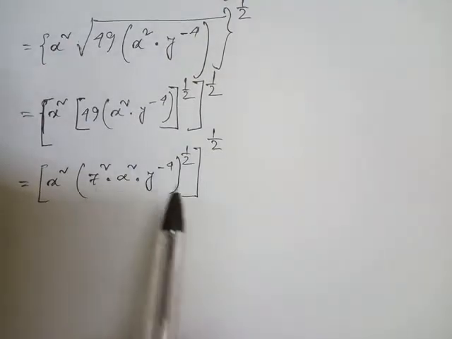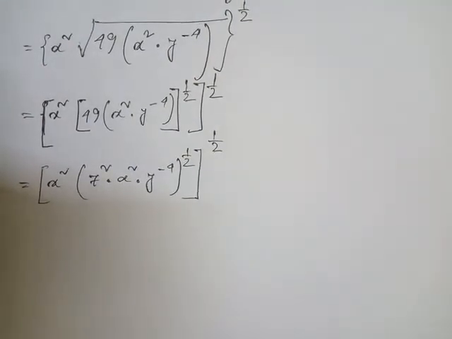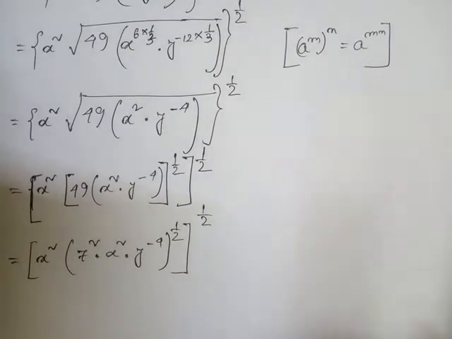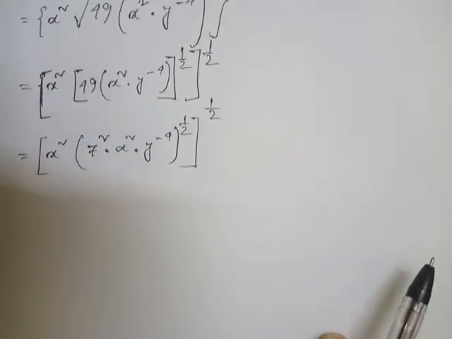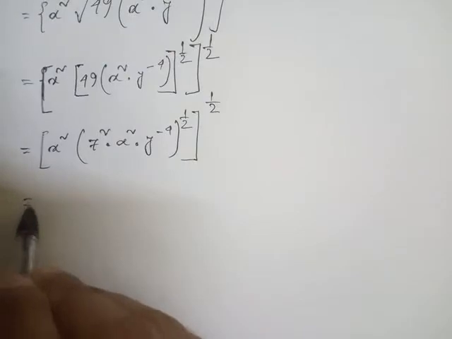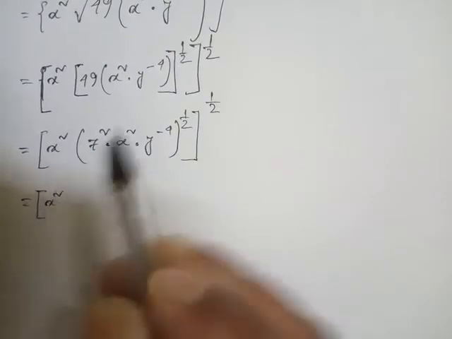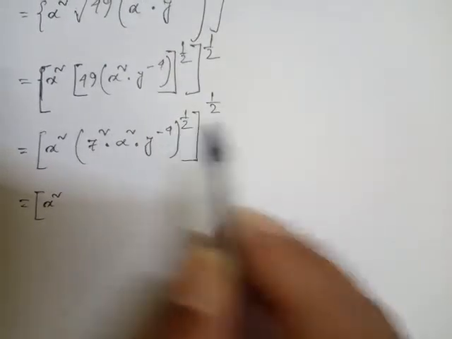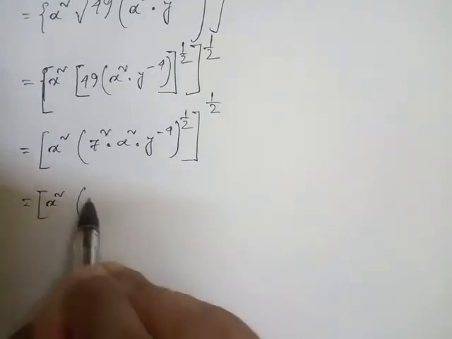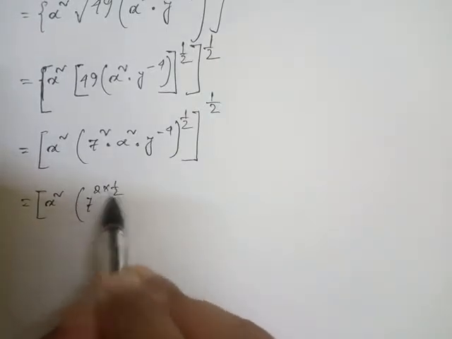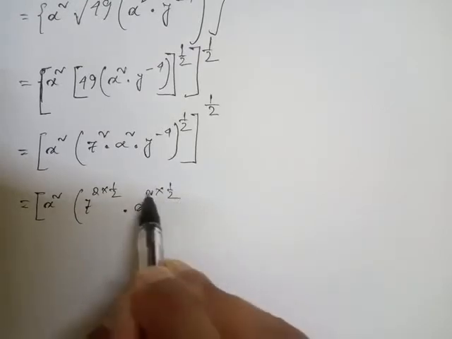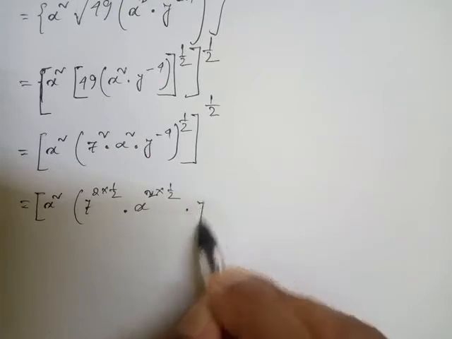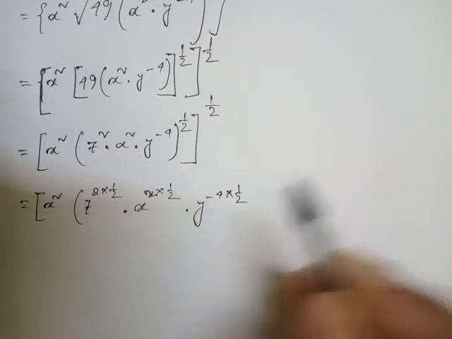Now this will go for the multiplication again. Using this formula, we are going to multiply each and every term with half, and then cancel. Now next, after that there is x square, then 7 square into half, we'll multiply here, then 7 square into half, then x square into half, then again y to the power minus 4 into half.